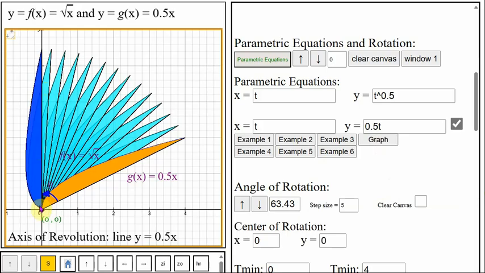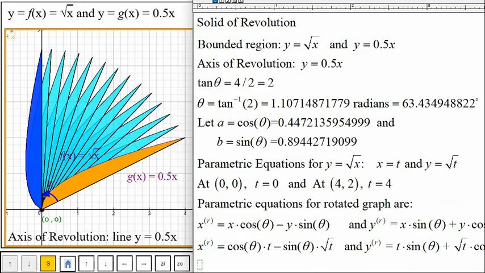The next thing we need to do is figure out the parametric equations for this graph. The original graph is y equal to the square root of x, and this is y equal to 0.5x. For y equal to the square root of x, the parametric equations are x equal to t and y equal to the square root of t.